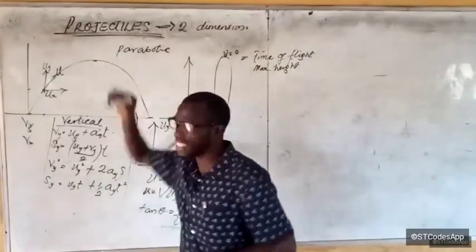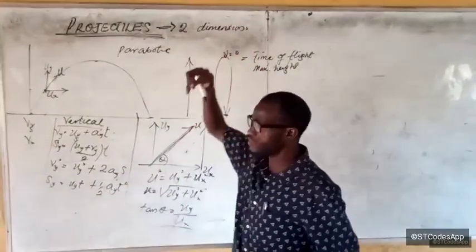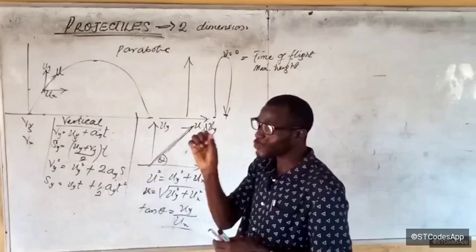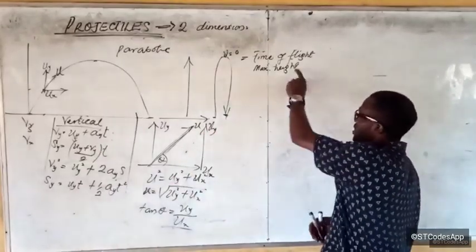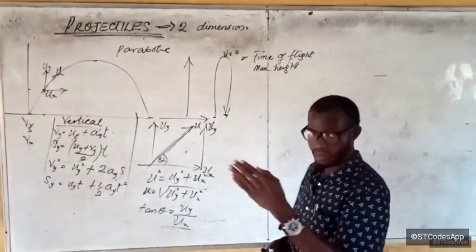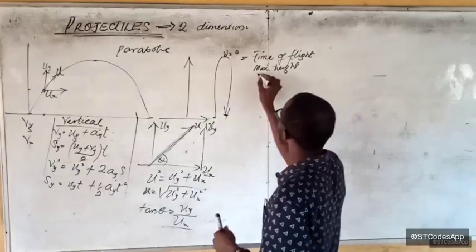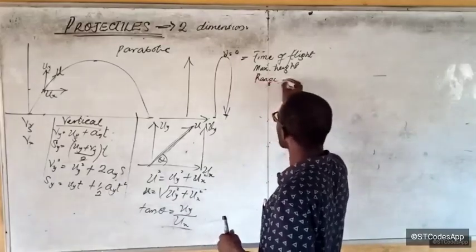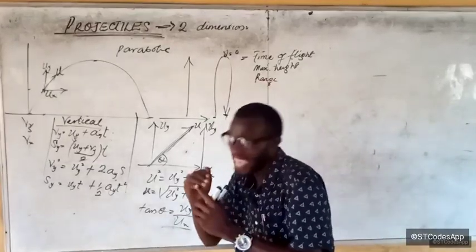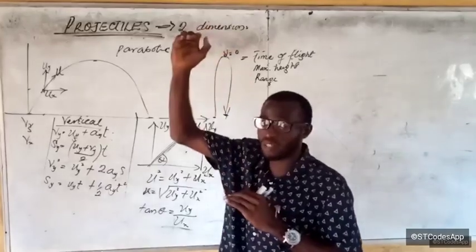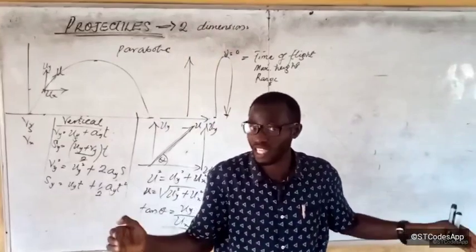And remember, I said that at maximum height, before it began to drop again, v will be 0. So since v is 0, we have maximum height, where s will be maximum and v is 0. And there's also something called the horizontal range.